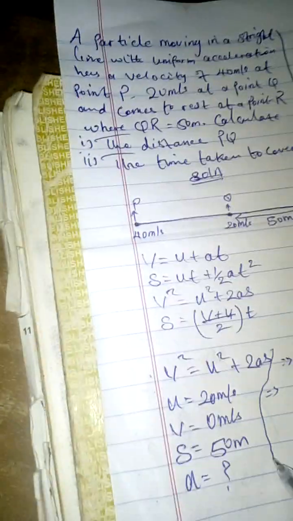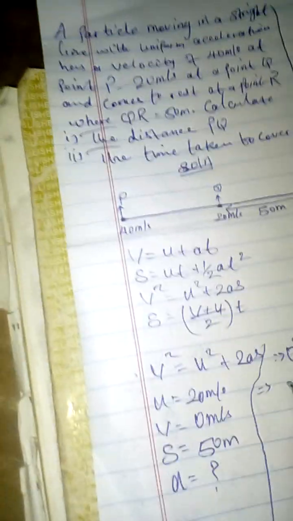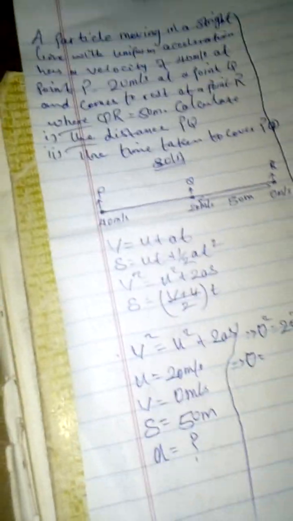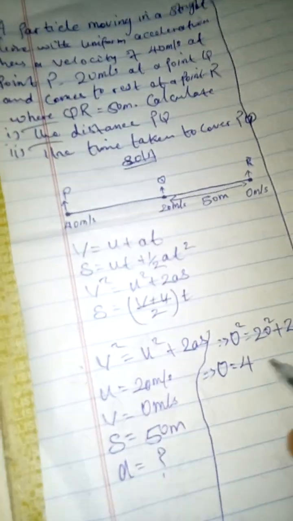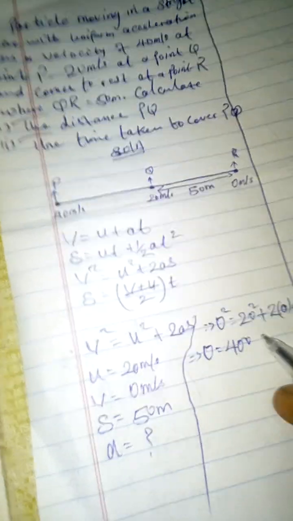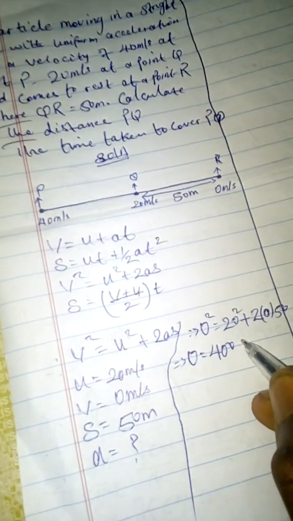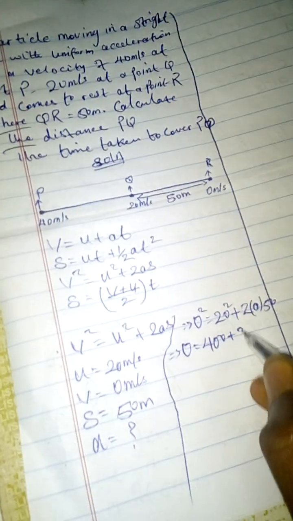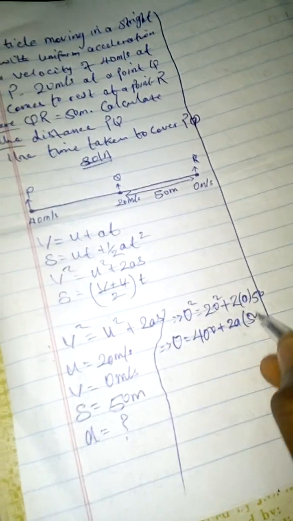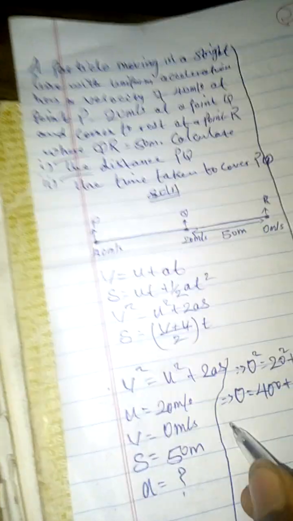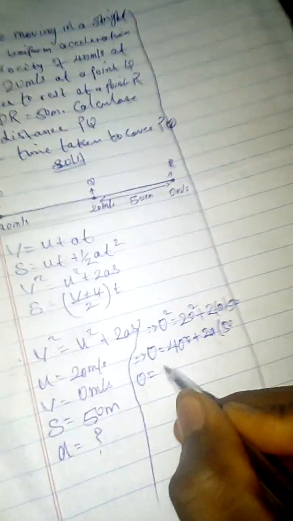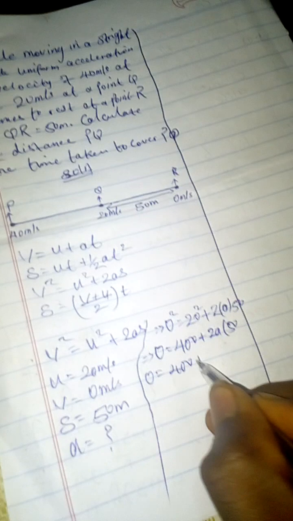So this implies that 0 is equal to 400, since 20 square is 400, plus 2A into 50.